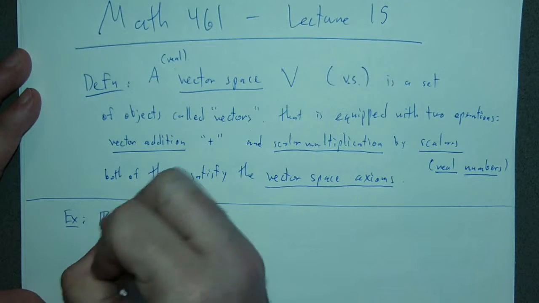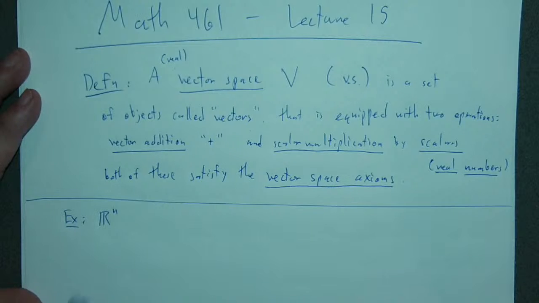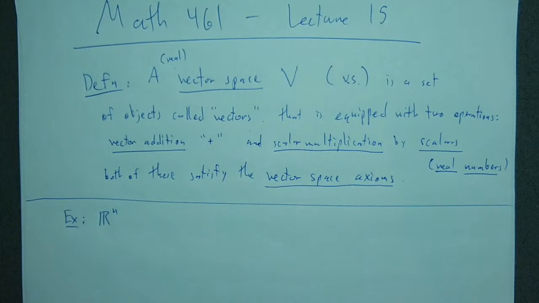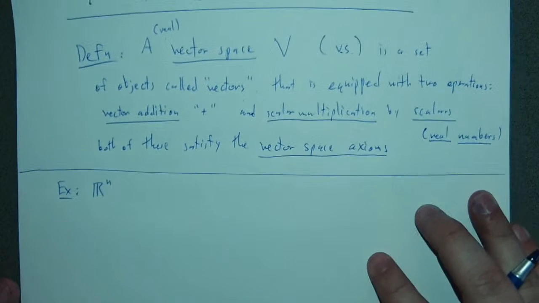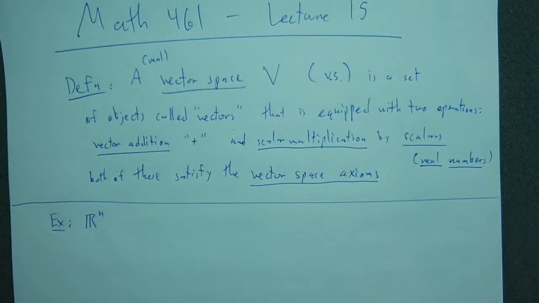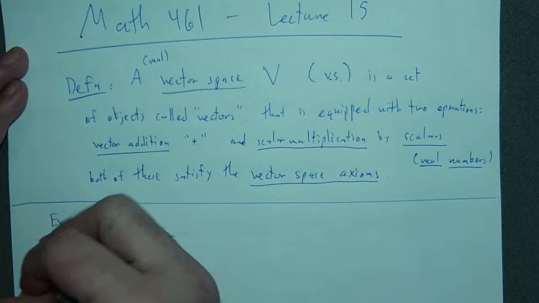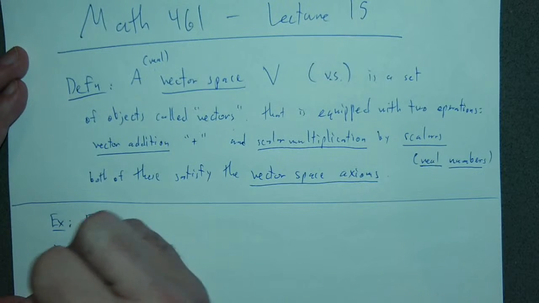Rn, for any n, is an example. Rn is your canonical example of a vector space. It has vector addition, it's got scalar multiplication, everything. It definitely satisfies the vector space axioms. Of course, we're cheating a little bit, because those vector space axioms were dreamed up to mimic Rn in the first place. Here's another example.